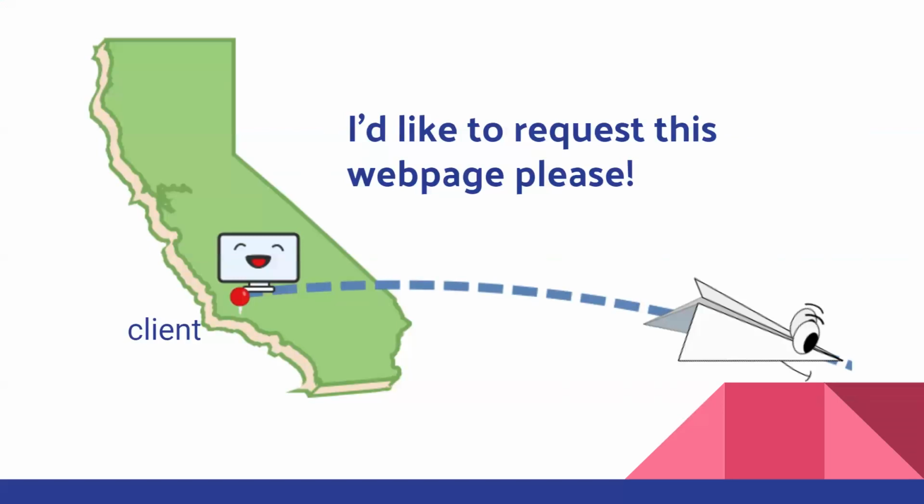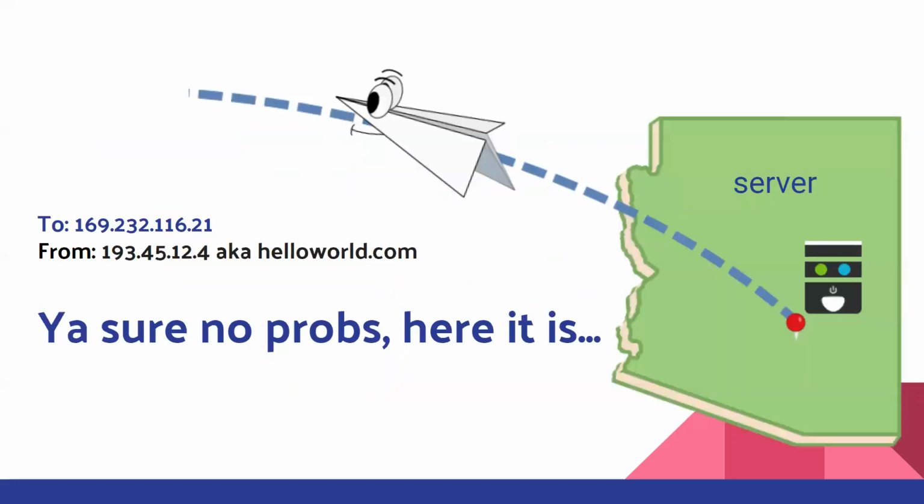Like, I would like to request this web page, please. So you can test it by yourself by hitting google.com, ibm.com, microsoft.com, whatever, and you will see something on the bottom left corner. There is some text or some alphanumeric things and some URLs coming back. So those are the responses there.